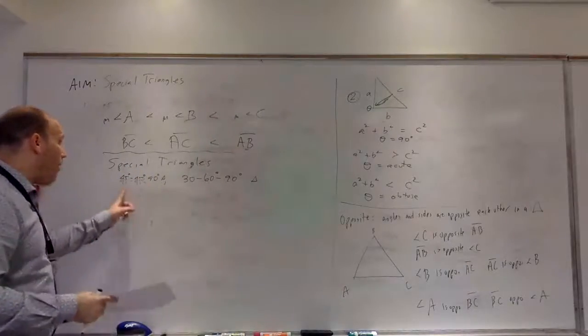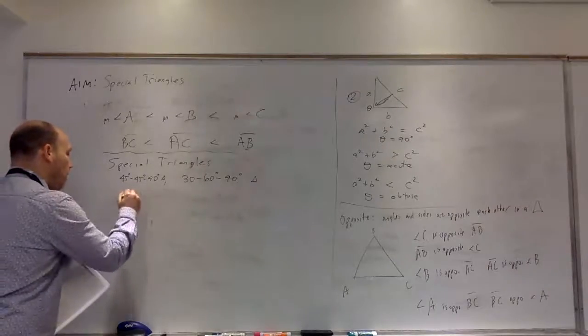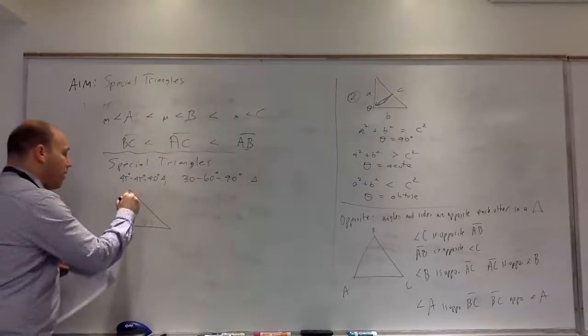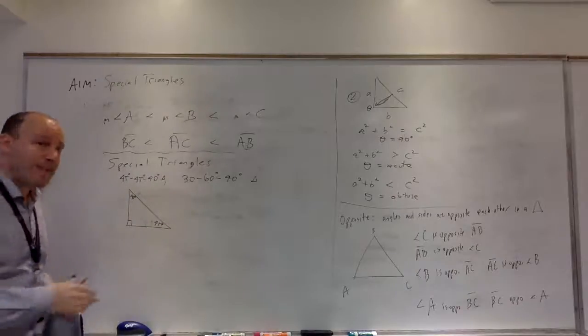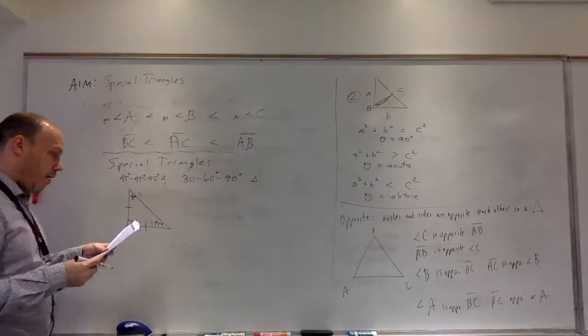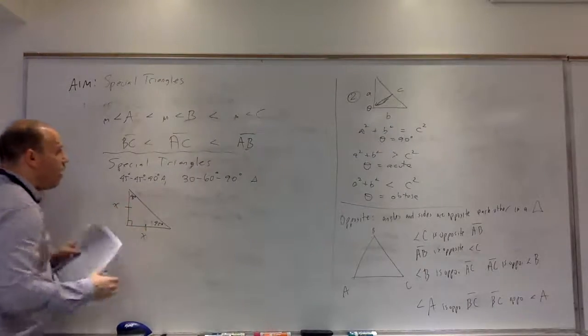Well, you might say, okay, if it's a right triangle, and we just learned that because the angles are congruent, the sides opposite them are congruent. So let's call this x and x.